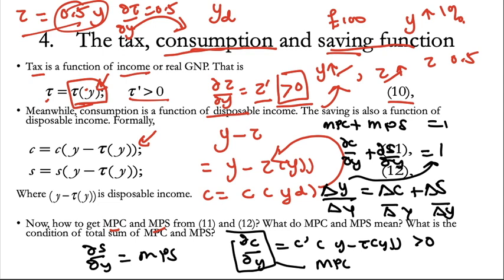This one is nothing else but MPC. This one is nothing else but MPS. Can you see clearly why it becomes 1? Okay. Now, I hope by now it is very clear, the concept of consumption, saving, leakage, and also injection.